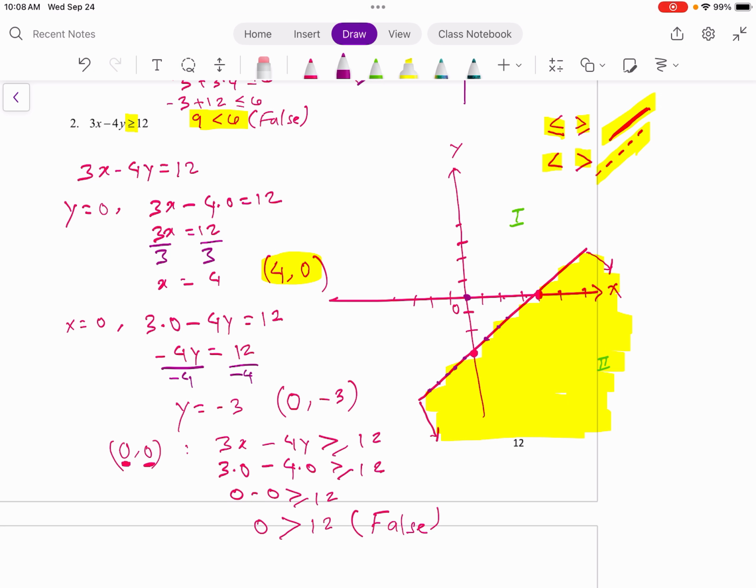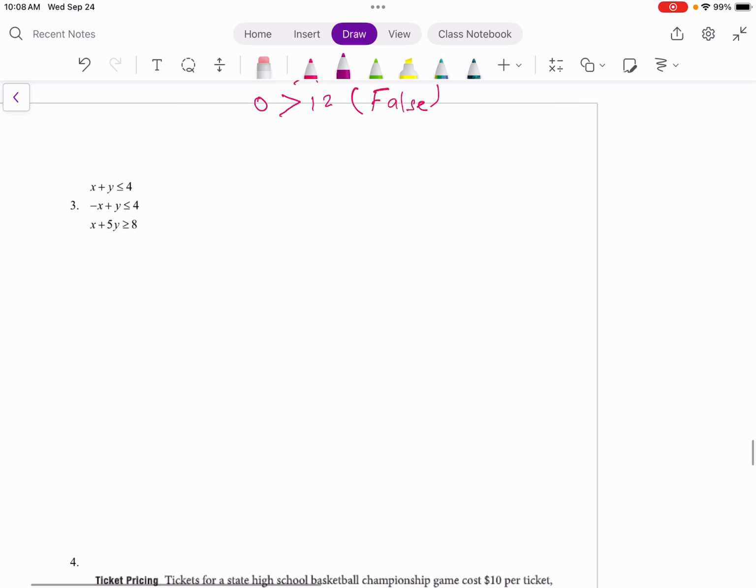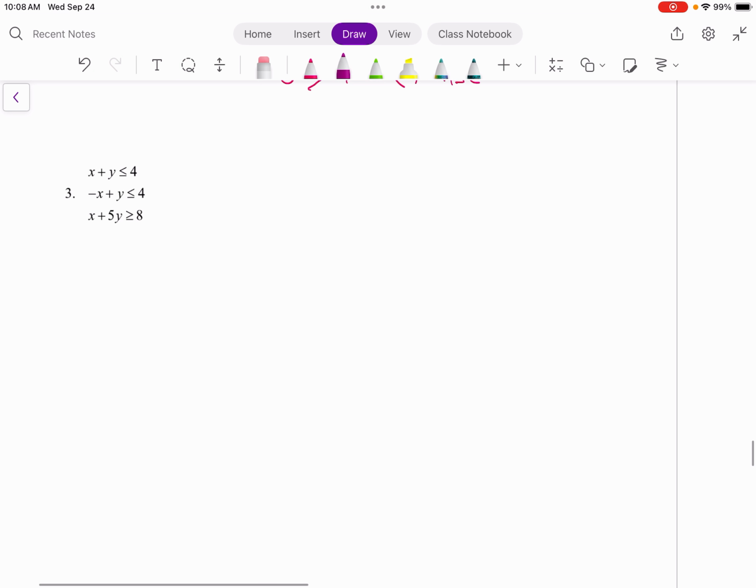Okay, now let's go to the next one. Can I scroll down? So here we have a system of linear inequalities, and we have 3 inequalities. Let's take the first inequality: x plus y less than or equal to 4.